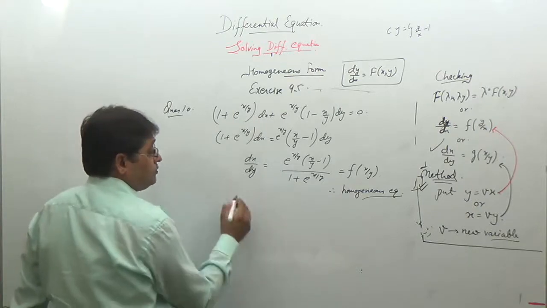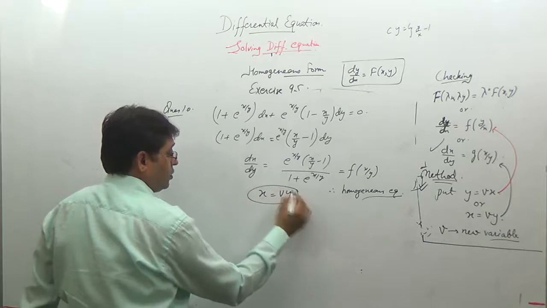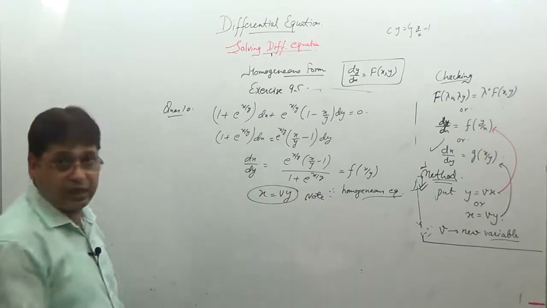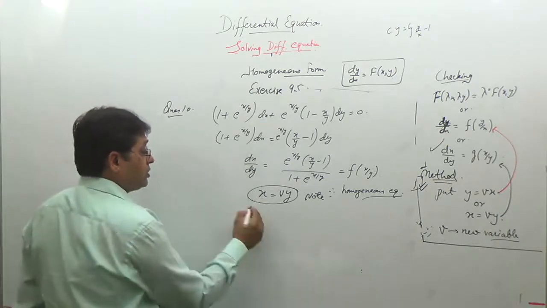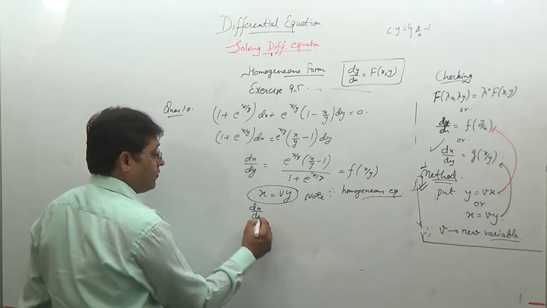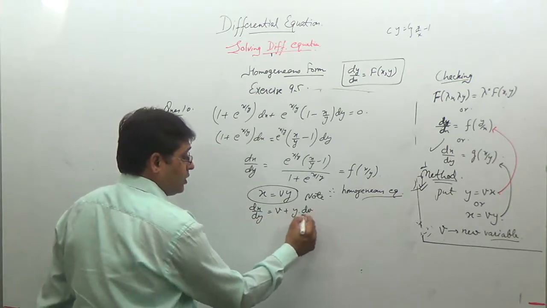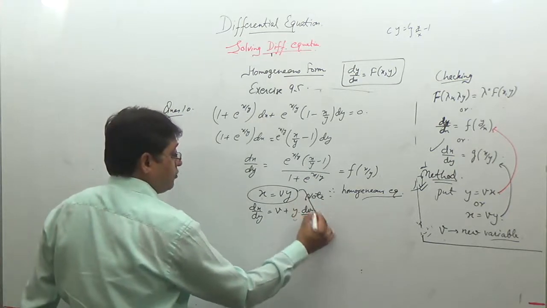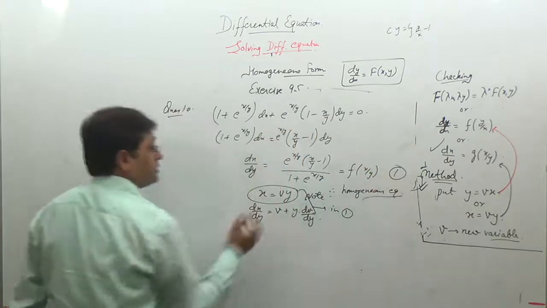Now, substitute x is equal to vy. Note this thing, that in this question you will be substituting x is equal to vy. Right? Now differentiate it with respect to y. You will get dx is equal to v plus y into dv upon dy. Now you put these two in 1. 1 is your this equation.